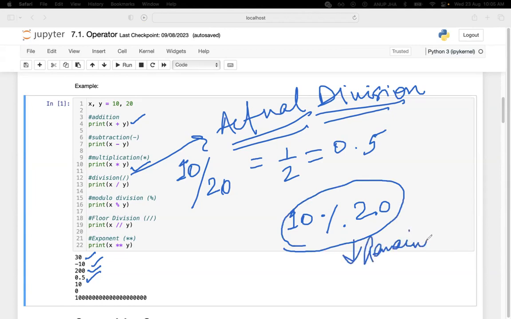The modulo operator gives us the remainder. So when 10 gets divided by 20, how much remainder do we get? We get 10 as the remainder. That's why I am getting 10.